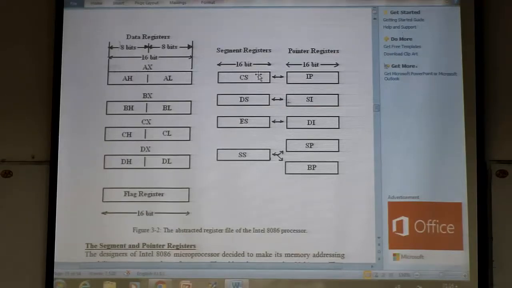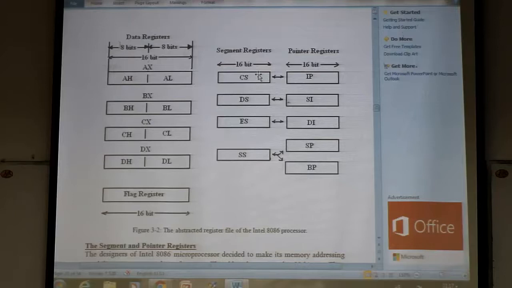We know that a 16-bit register can address only 64 kilobytes. You cannot address more than that. But we have a 20-bit address, which means the memory is 1 megabyte.